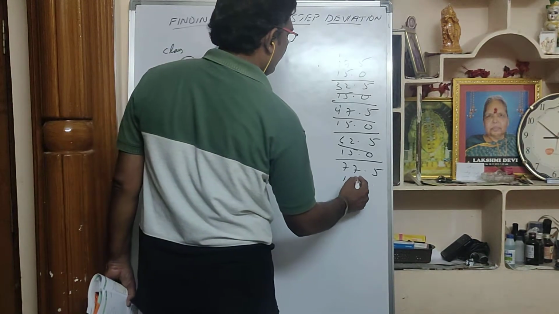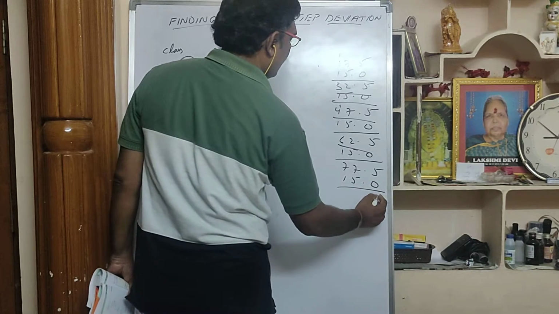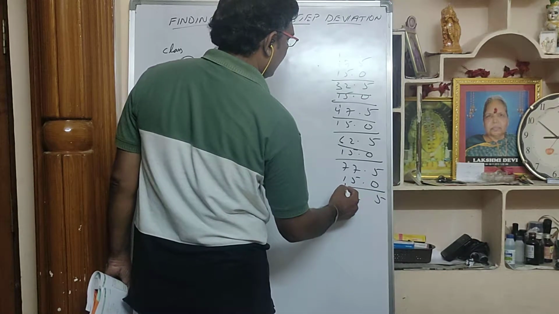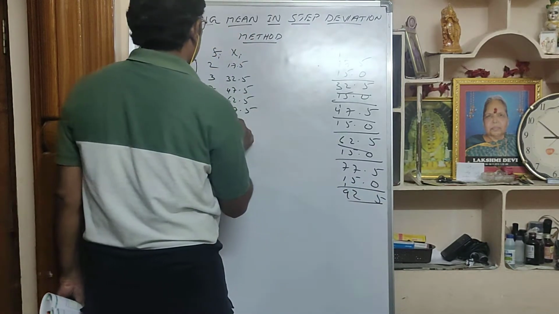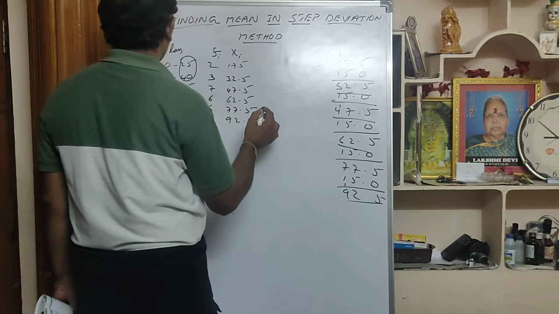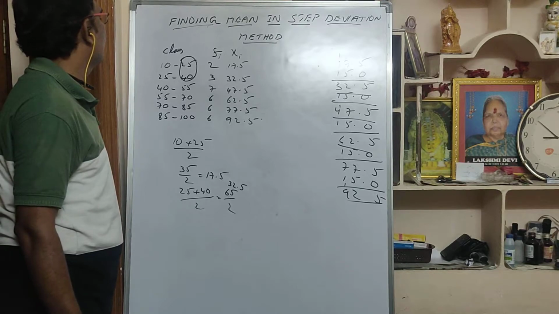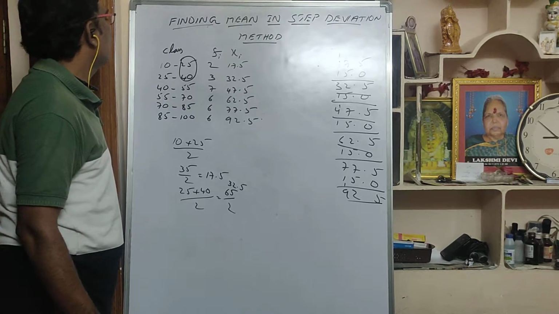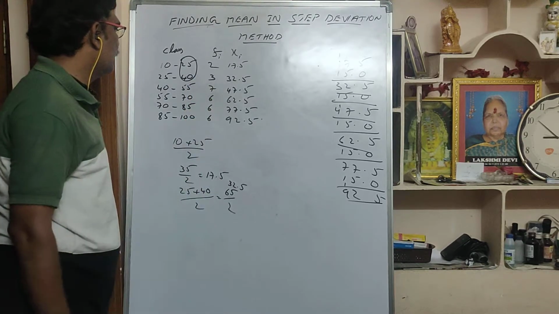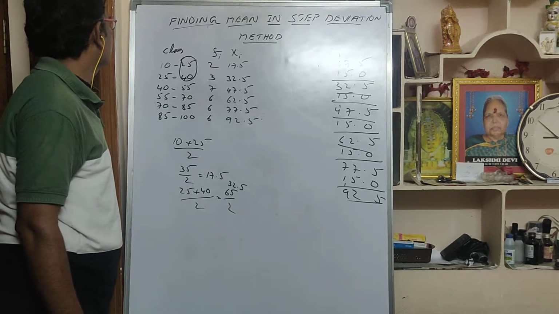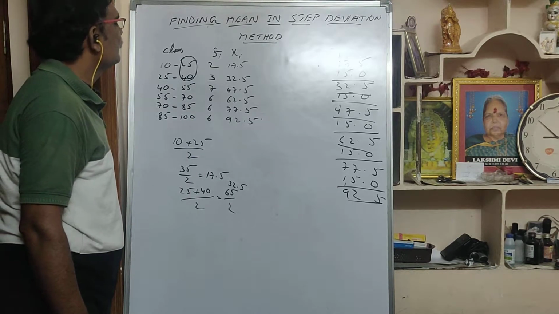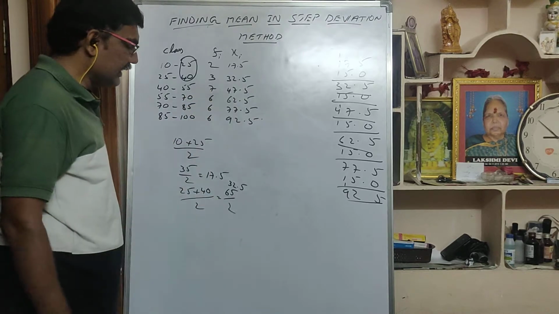For 77.5, if you add 15, you get 92.5. Like this, you will get the mid values.